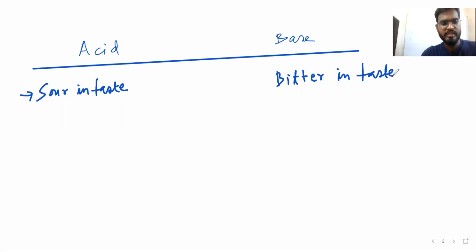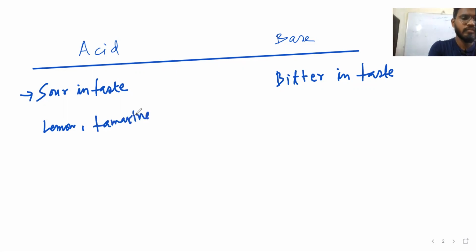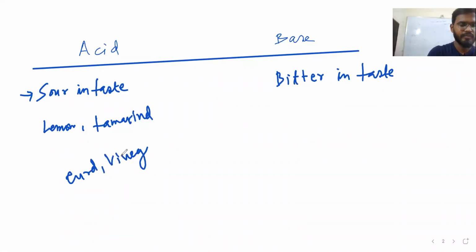Let's see a few examples. Examples are lemon, tamarind, curd, and vinegar.